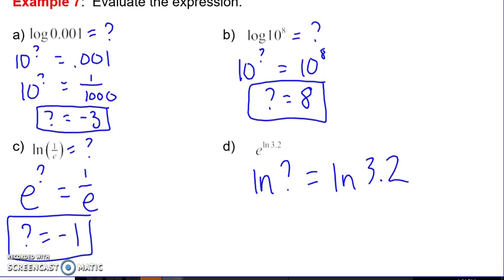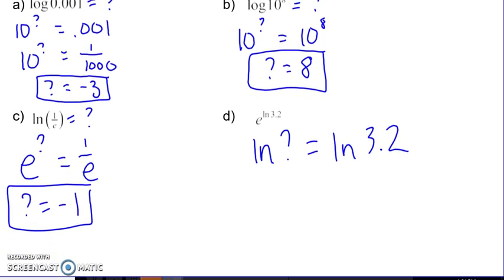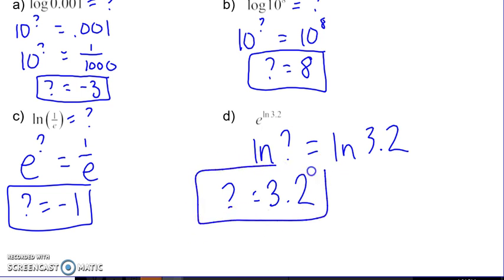That's ultimately what number 4 from those statements is meaning. So that means that 3.2 is going to equal our question mark. Also, e and ln are exactly the same, so when you have these setups, they ultimately cancel out, and you're just left with whatever that x value is as your answer.